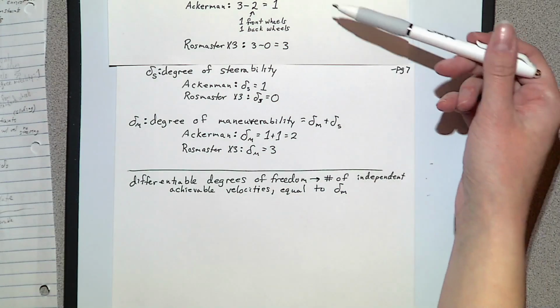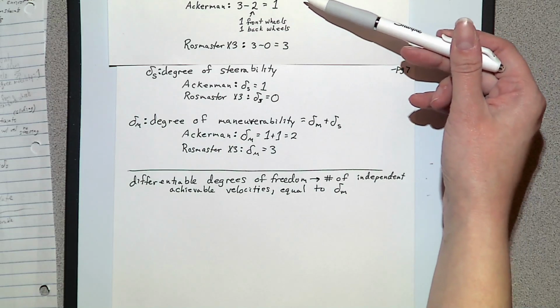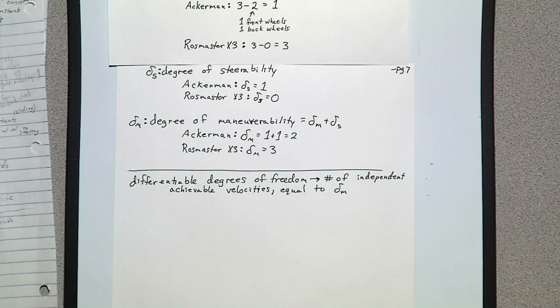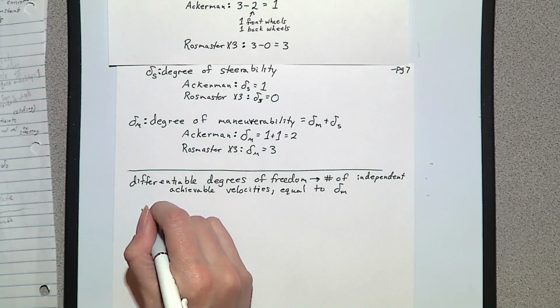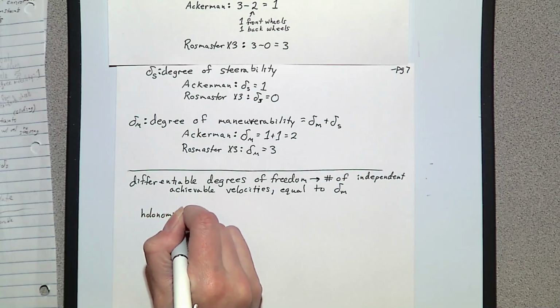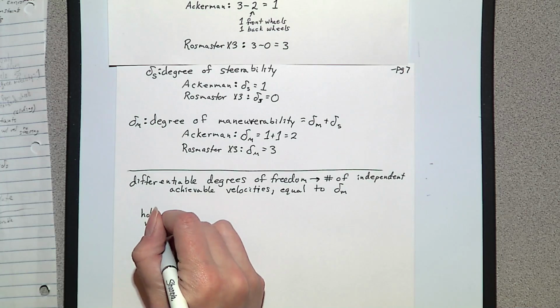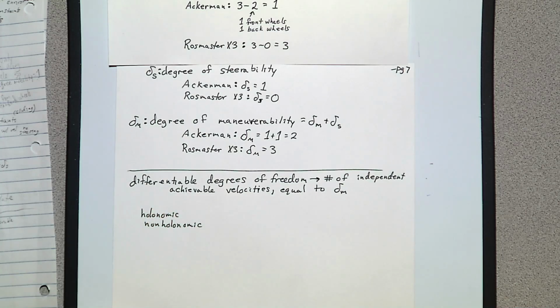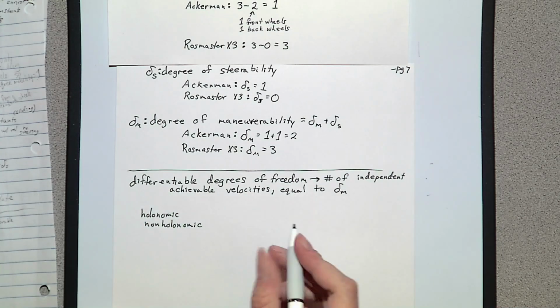For the Ackermann, we only had 1 degree of mobility, so that means that we can only control our velocity along one direction. And so the terminologies that I had before, holonomic and non-holonomic, we can actually relate to these differentiable degrees of freedom.